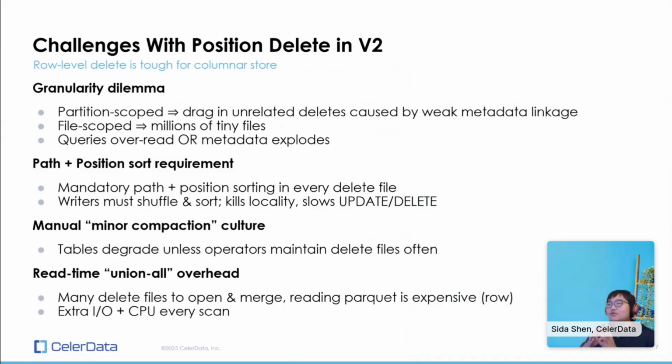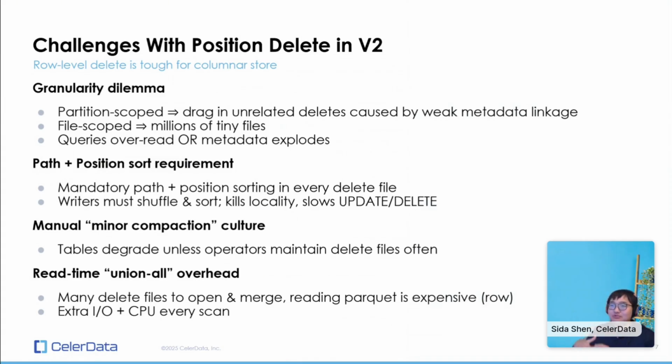For a partition scope deletion file, there's not really a one-to-one linkage between the deletion files and the data files. So when you read, you don't know which deletion file you need to read. You actually have to open all of the small Parquet files and see which one you actually want.